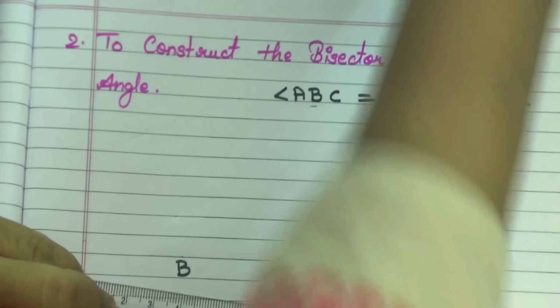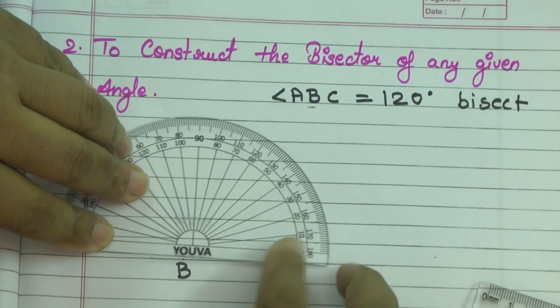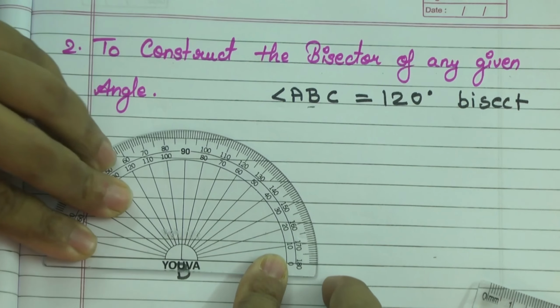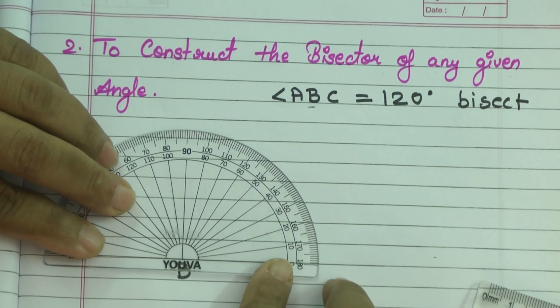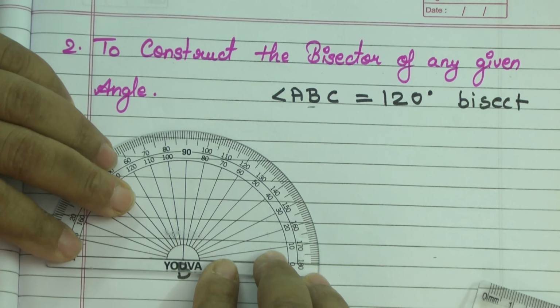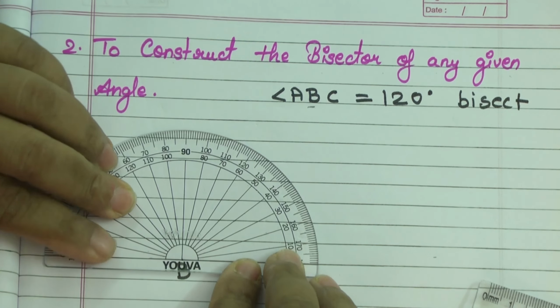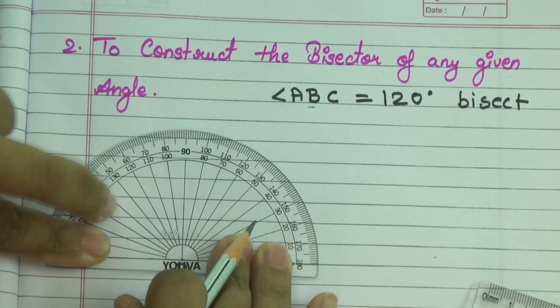Now take your protractor. Keep the center of the protractor exactly on that point and mark an angle.